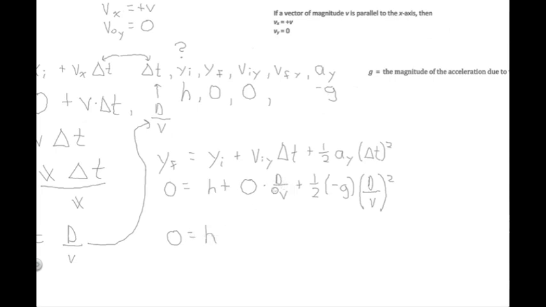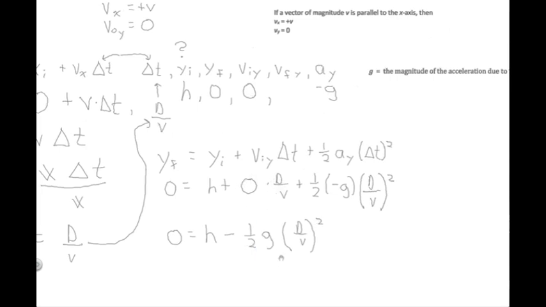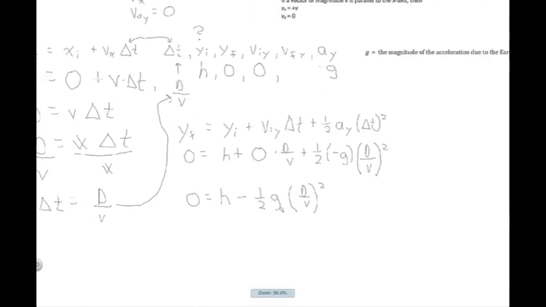This term is 0, so that term disappears. Adding a negative is like a subtraction, so we'll turn that into a subtraction. This term is gone because it's 0. Now, here's where you might get confused because there's all these symbols here, but remember, these are all givens. What we're trying to solve for is h.